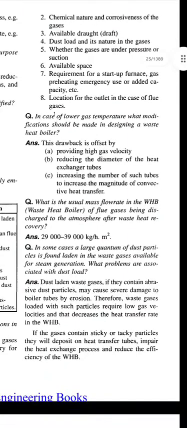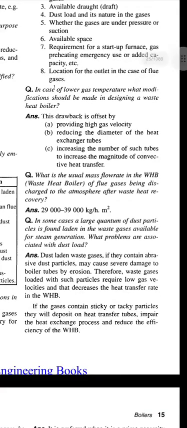Next question. In the case of lower gas temperature, what modification should be made in the design of a waste heat boiler? Answer. The drawback is offset by providing high gas velocity, reducing the diameter of heat exchanger tubes, increasing the number of such tubes to increase the magnitude of convective heat transfer.